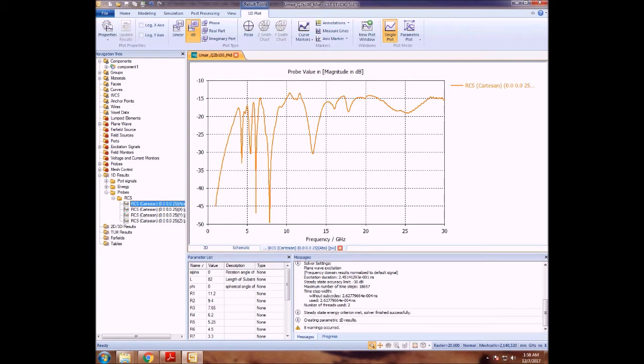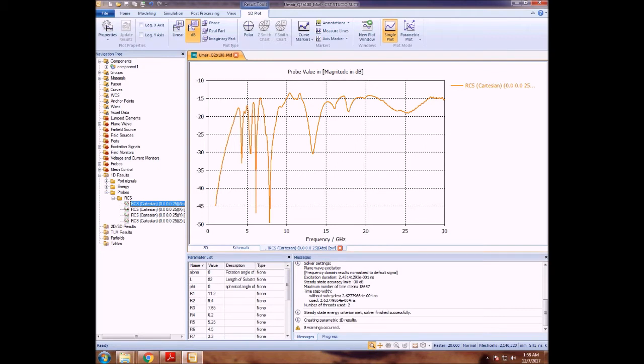We got 4 dips between 2 to 10 gigahertz. First is at frequency 4.8 and its dip is minus 33. Second one is at 5.08 and RCS value is minus 30.5.